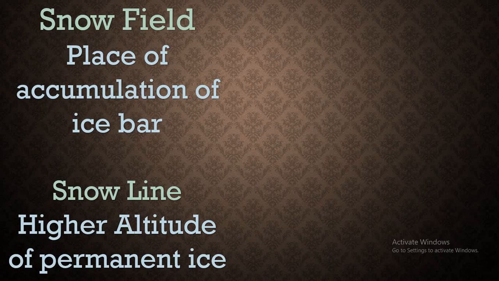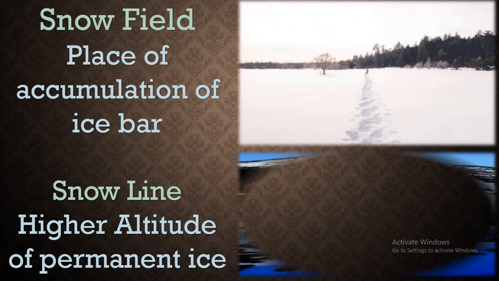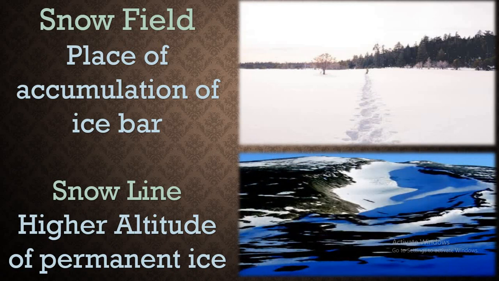And also, what is the snow line? It is the higher altitude of permanent ice. If you see the mountain tops, you can see the snow spread over the tops. How has this happened? This is due to the altitude of the mountain which touches the snow line and is covered with snow. You can look into the pictures of the snowfield and the snow line.